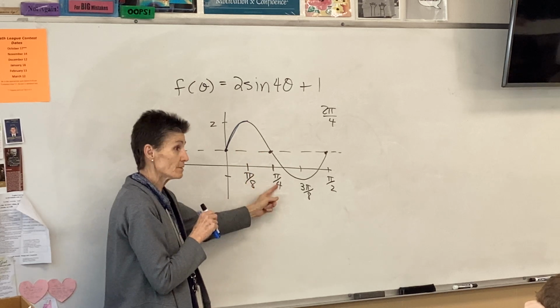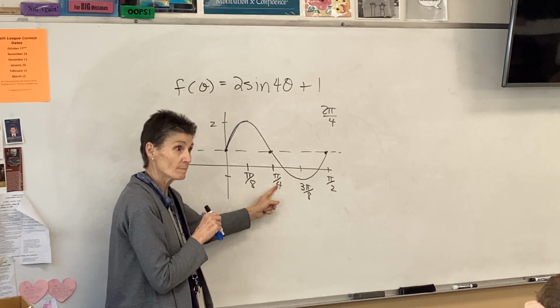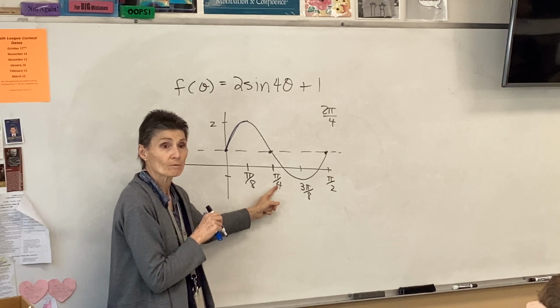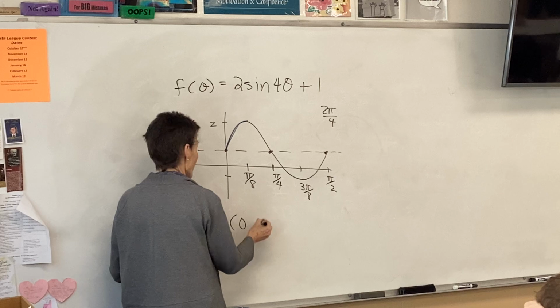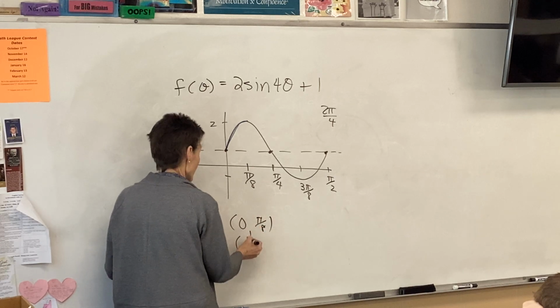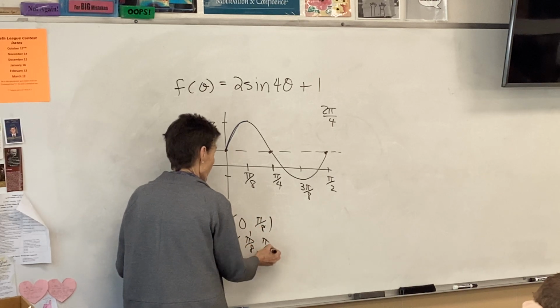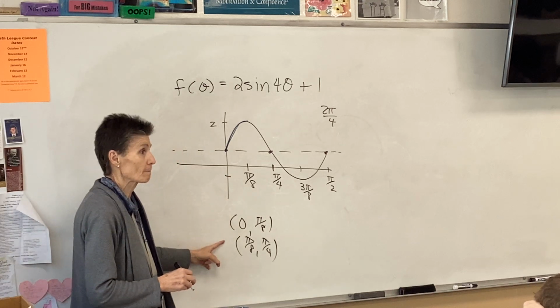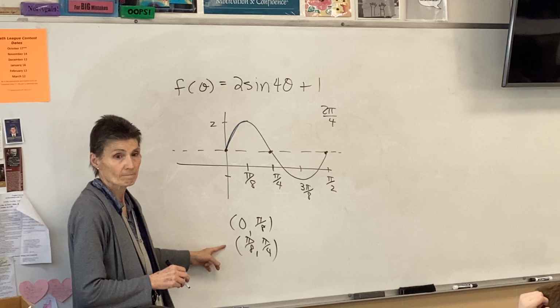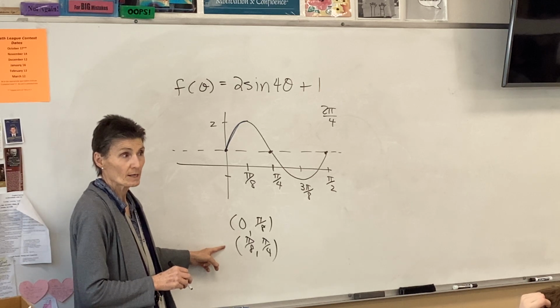So pi over 8 to pi over 4. And your intervals are open intervals. So you're saying 0 to pi over 8 and pi over 8 to pi over 4. This is A and this is B. Is that okay with everybody?